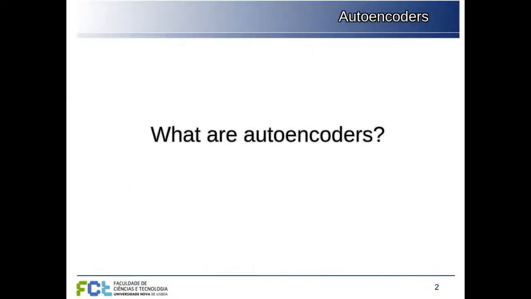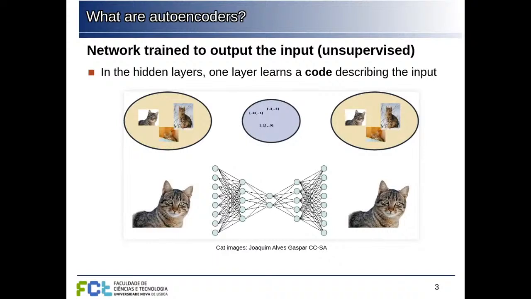Okay, so let's look at what an autoencoder is. Basically, it's a network that is being trained to output the same as we input into the network. So we have a loss function, typically a quadratic error, something like that, we use to measure the difference between the output of the network and the input into the network. And we minimize this function so that the network tries to reconstruct the input as faithfully as possible.